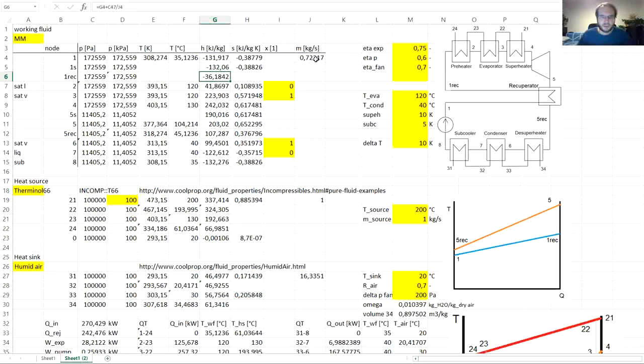Now we could also exclude using the mass flow rate from our calculation, because on both sides of the heat exchanger there is the same mass flow rate, so the calculation needs to also work as enthalpy at the point 1 plus just the enthalpy difference between point 5 and 5 recuperated. So it would be like this, and you can see that we would get to the same value. Now we can get the entropy from the pressure and enthalpy, and also from the pressure and enthalpy we can get the temperature.